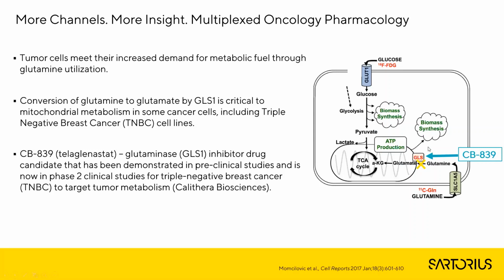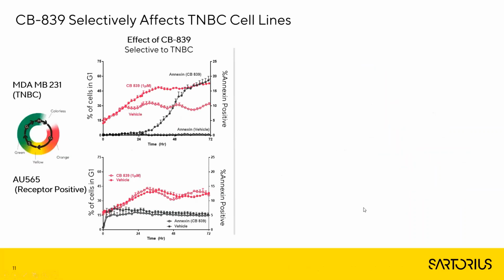And so what we're going to talk about is the mechanism of how CB839 affects cell cycle and induces cell death. First, by looking at a triple-negative breast cancer cell line, MDA MB231 cells, compared to a receptor-positive breast cancer cell line, AU565.